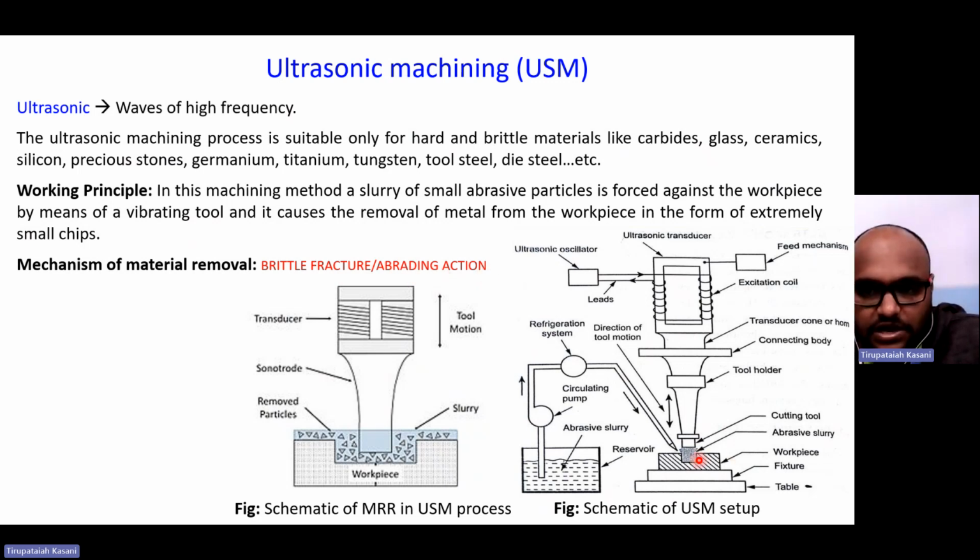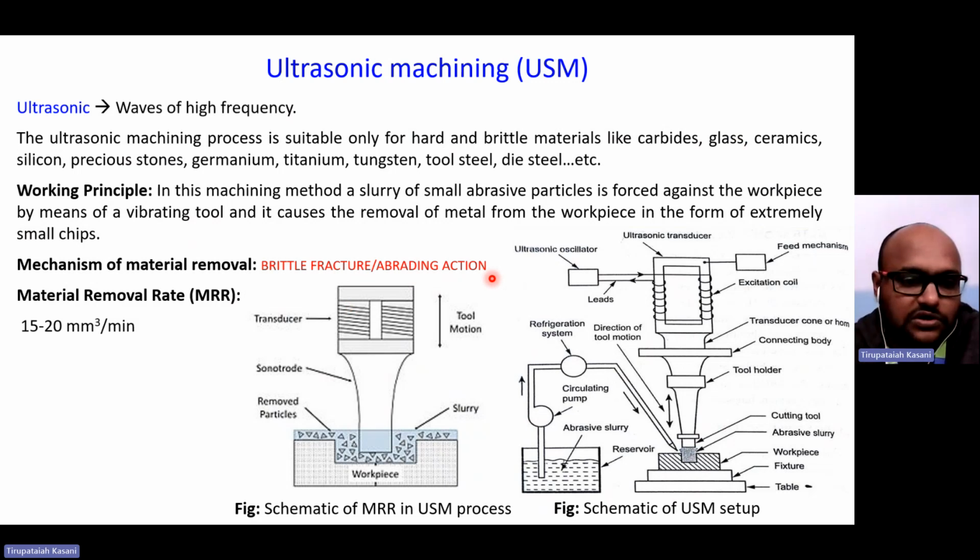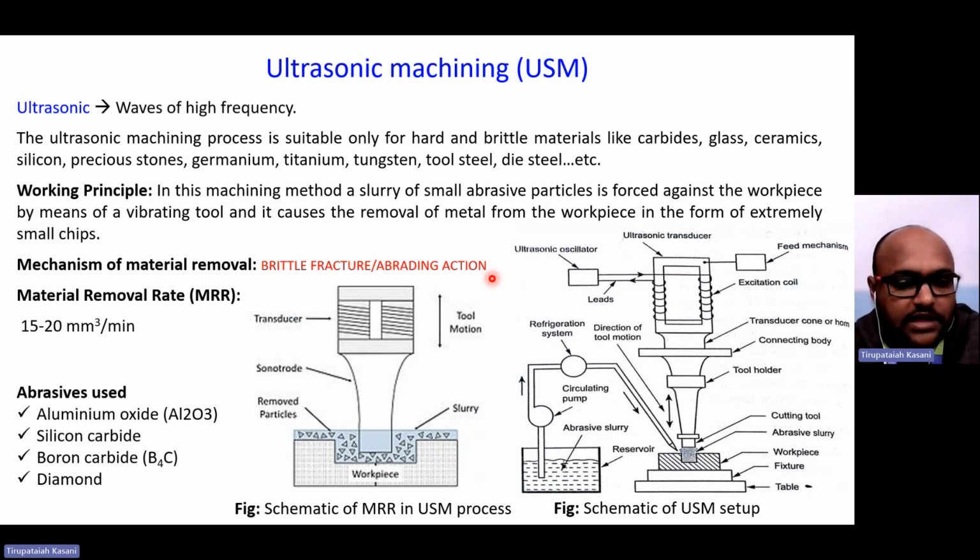Brittle fracture means, for example, brittle materials like carbides and glass, which are brittle in nature. That is why brittle fracture, or abrading action, is the material removal mechanism. Here also, the typical material removal rate is 15 to 20 mm³ per minute, and the abrasives used are the same as earlier: aluminum oxide Al2O3, silicon carbide SiC, boron carbide B4C, and diamond particles.